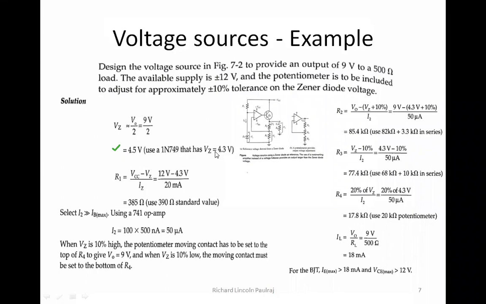As we have seen previously, IZ is going to be a standard value for Zener, and we are going to use these pre-defined values in the specification sheets. So someone help me in calculating 12 minus 4.3 divided by 20. How much are we getting?